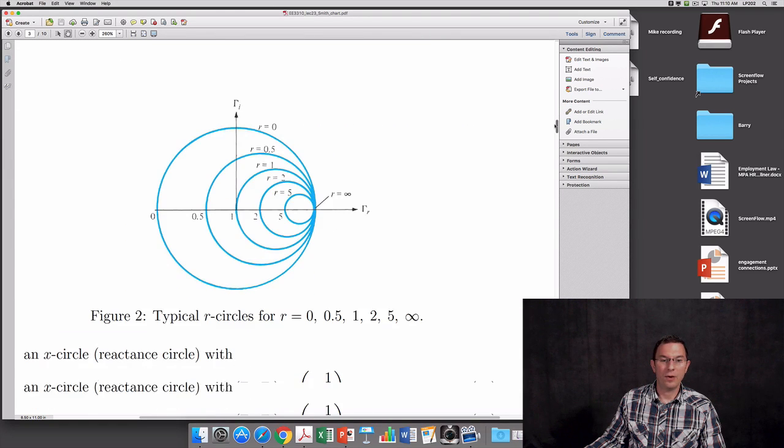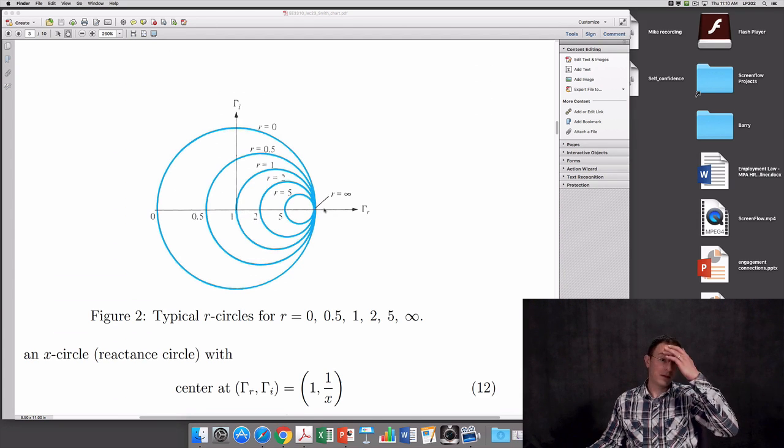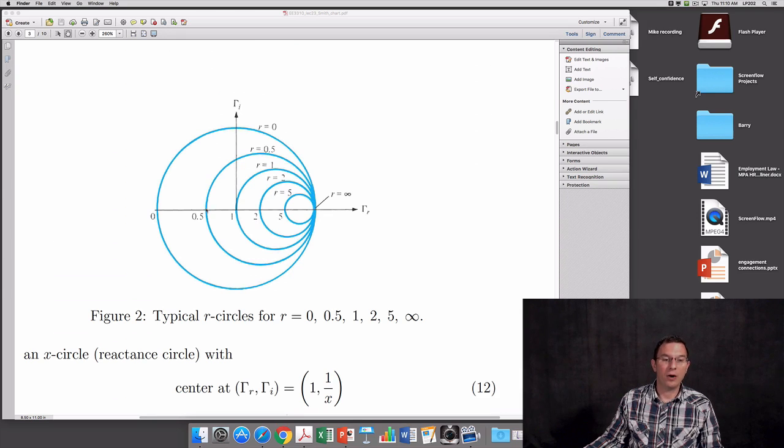So as r increases, the center of the circle is going to move to the right along the real axis. And you see that here. The center of the r equals 0.5 circle is somewhere in here maybe.